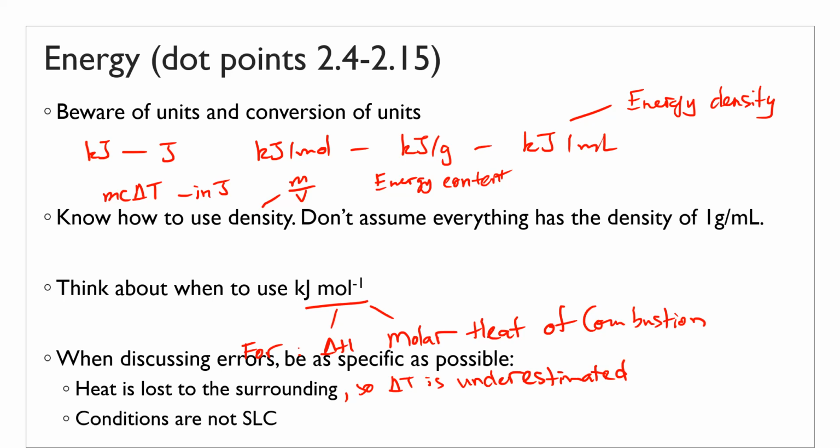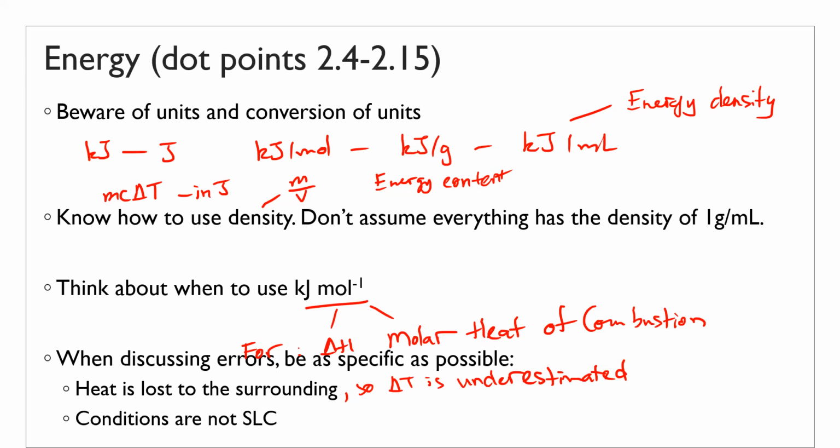The second one that has also been penalized in the past is just saying conditions are not SLC. I will not accept this. I'm saying this right now. This is way too vague because SLC has a few conditions. 1 mole per liter is SLC, 25 degrees Celsius is SLC, 100 kPa is SLC. You want to give me at least one example of which condition is not SLC.